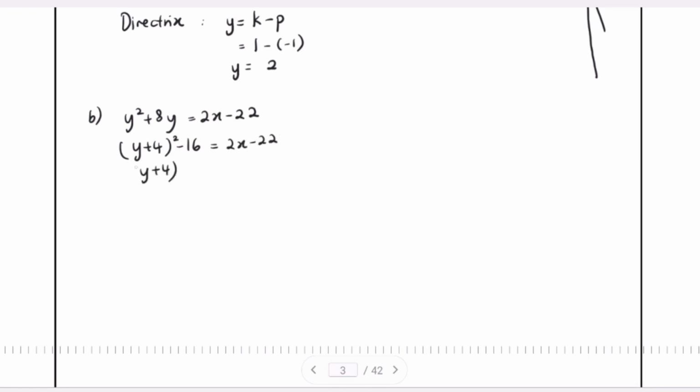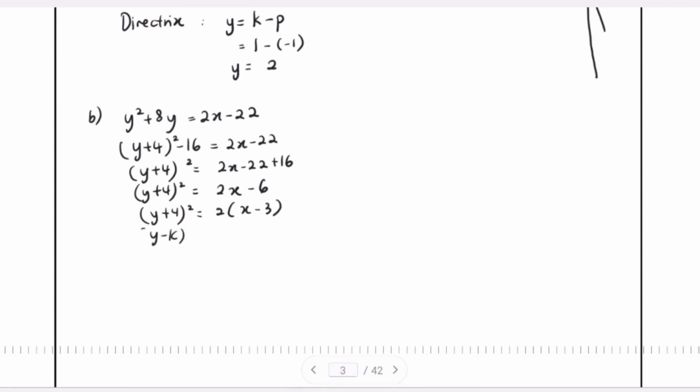So (y plus 4) squared equals 2x minus 22 plus 16. Simplify to get (y plus 4) squared equals 2x minus 6.